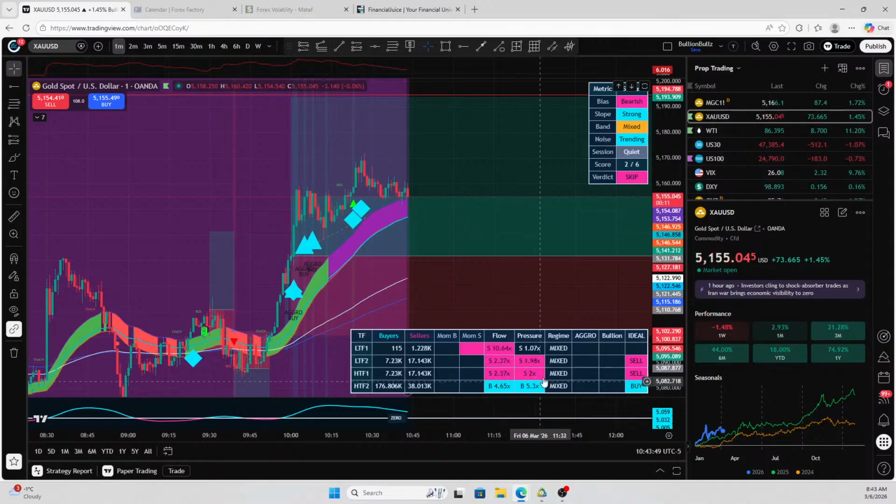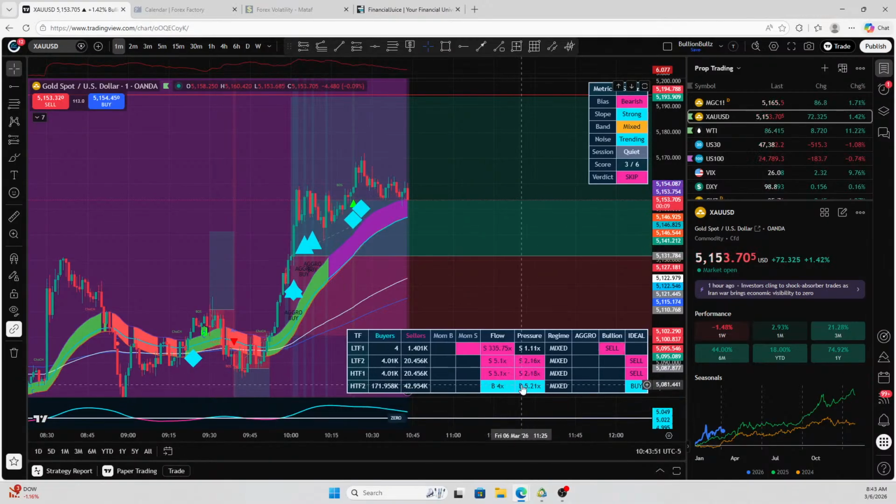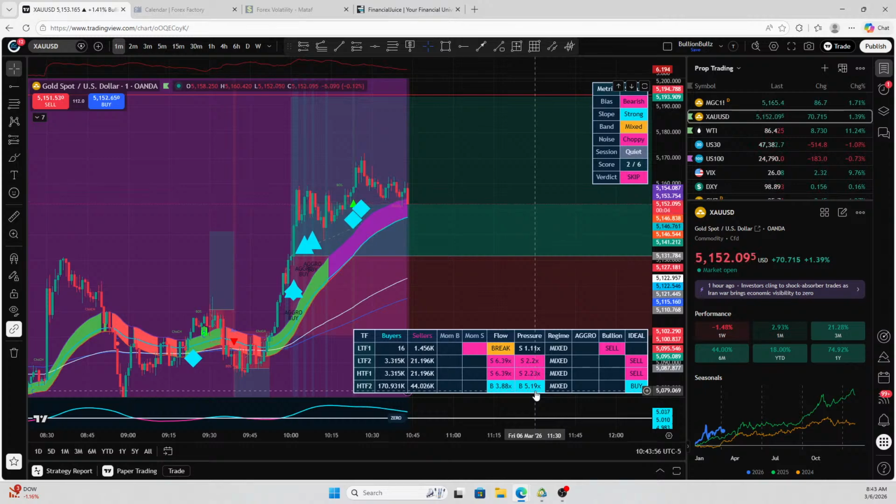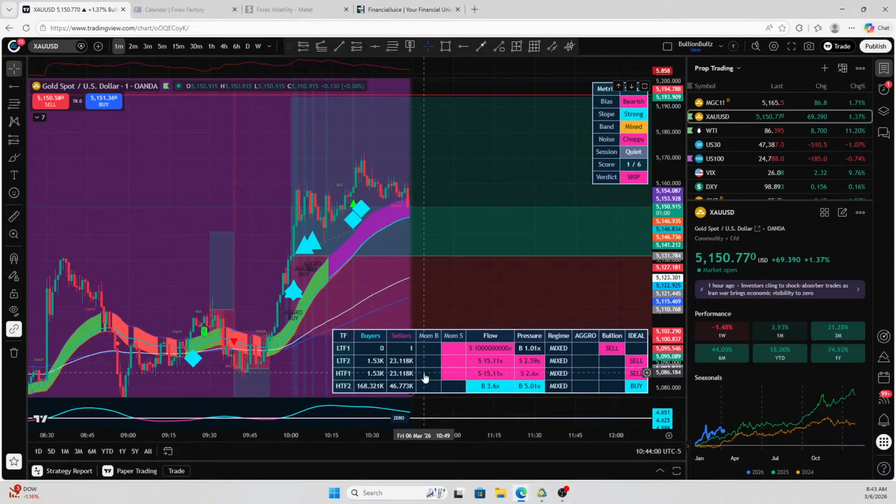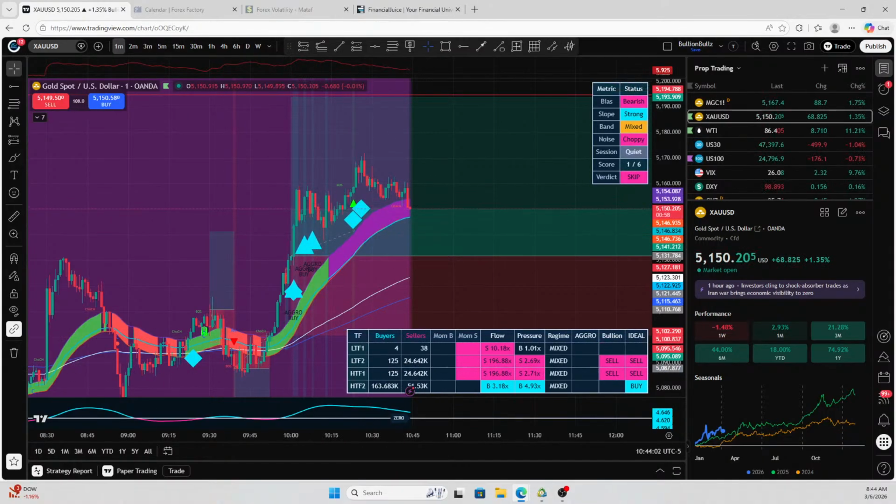As long as this stays above 2, we are holding our position. If it closes below 2, that could be a sign to potentially close our position. Sellers are coming in strong at this level, so potentially we might just close our entry here, the final piece that we are holding.